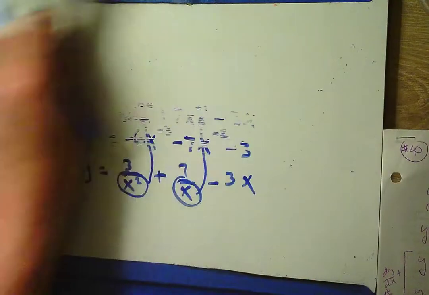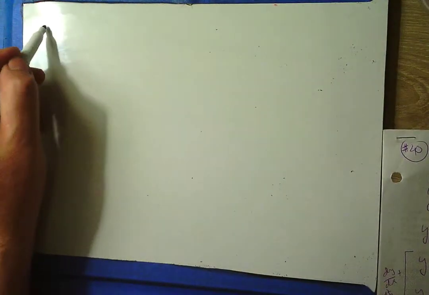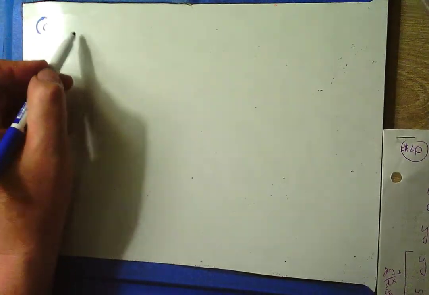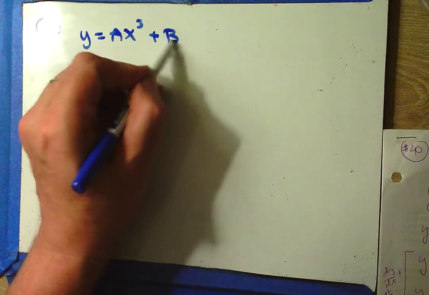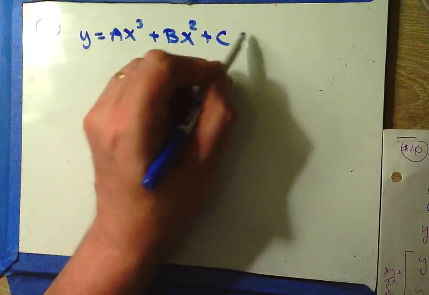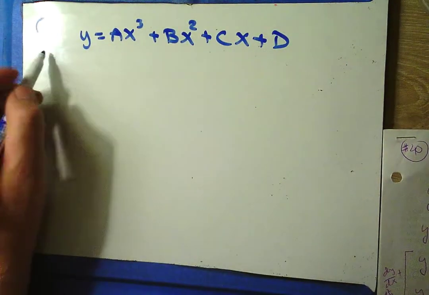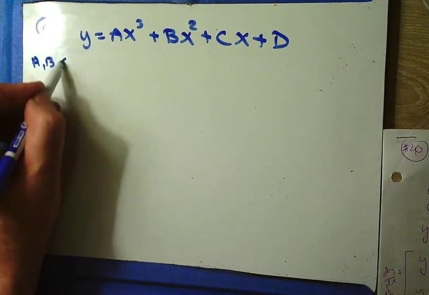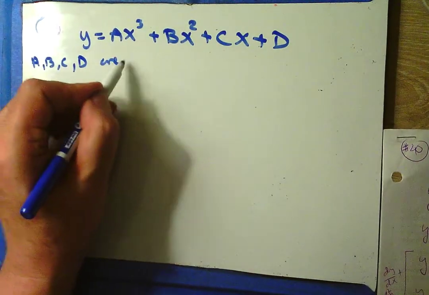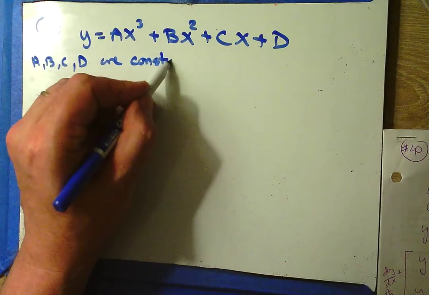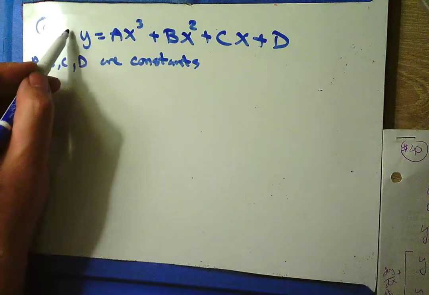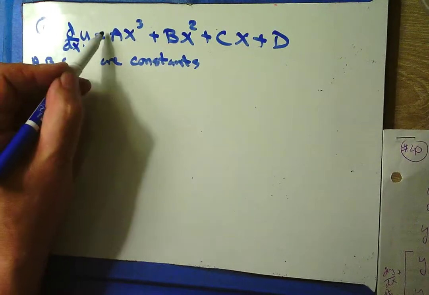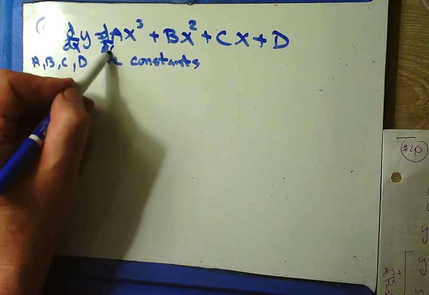Okay, next. How about this one? C. Y equals ax to the third plus bx squared plus cx plus d, where a, b, c, and d are constants. We're taking the derivative of both sides, d dx, with respect to x.